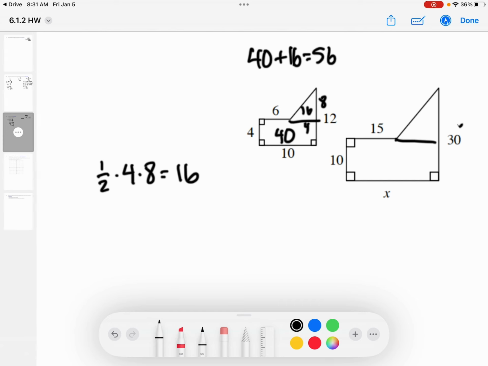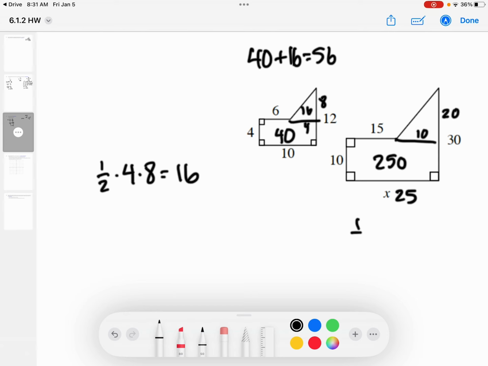So just guess. We know this is going to be bigger. Do you have a guess of what the area of this big shape is going to be? Well, let's see. Okay, 10 times x, we found that this was 25. So 10 times 25 is 250. Let's see, the whole thing here is 25. This is 15, so that leaves me with 10 for the base. The height is 30 minus 10 gives me 20.